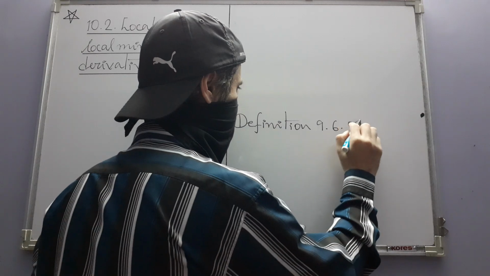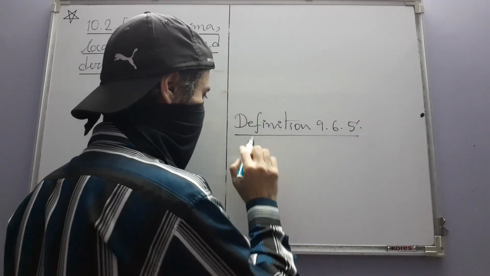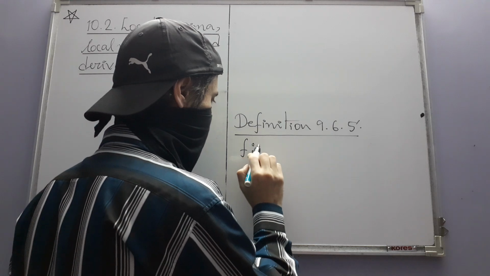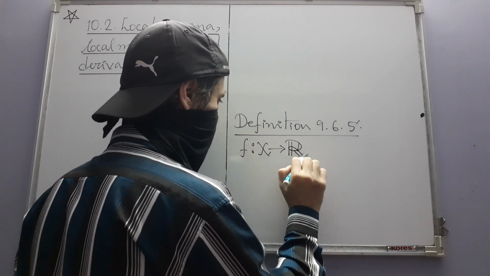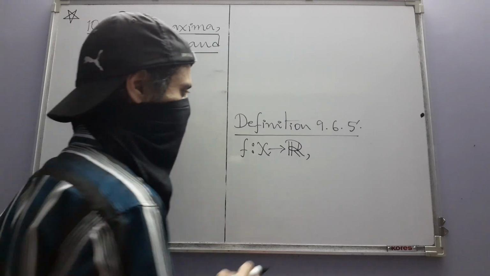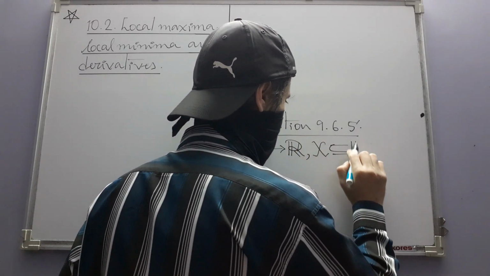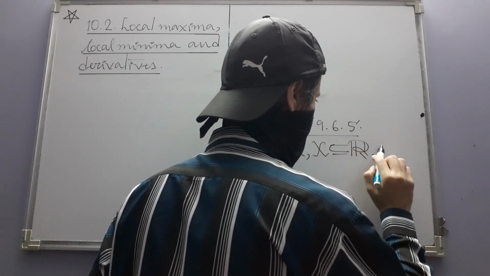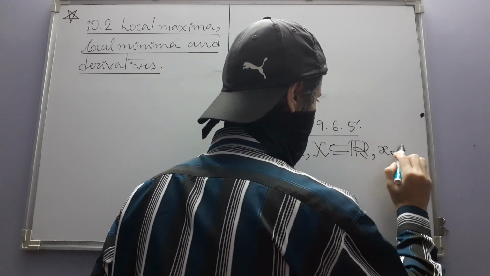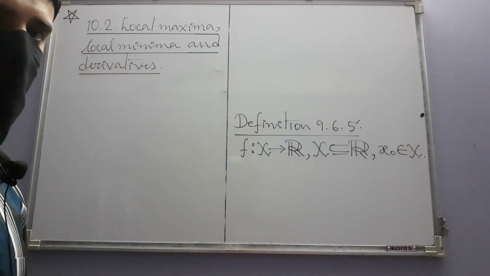Definition 965. So in this definition we have a function, a real valued function with domain X, where of course X is a subset of the real numbers itself, and there is a point x naught in the domain.